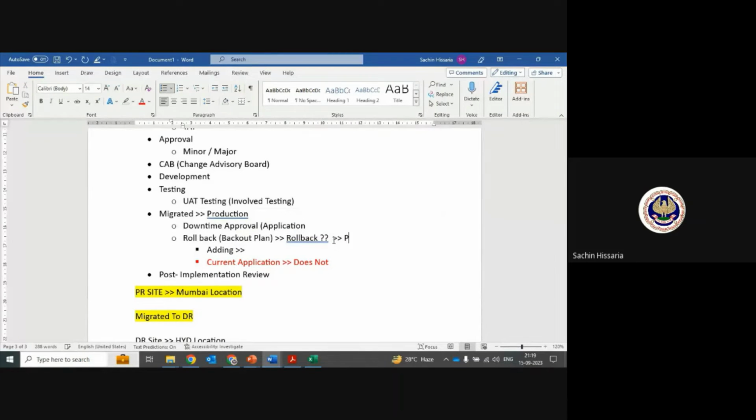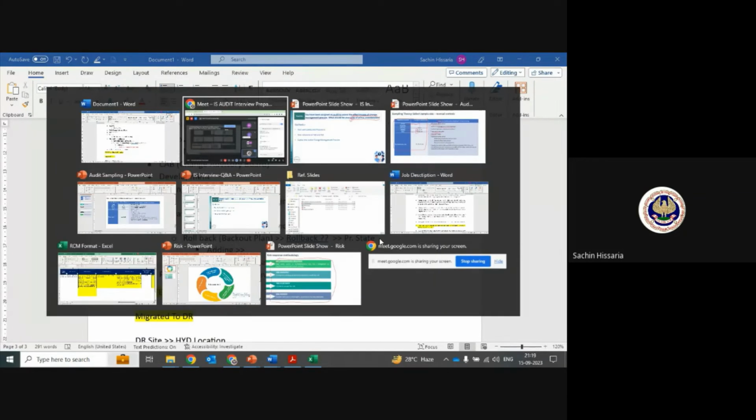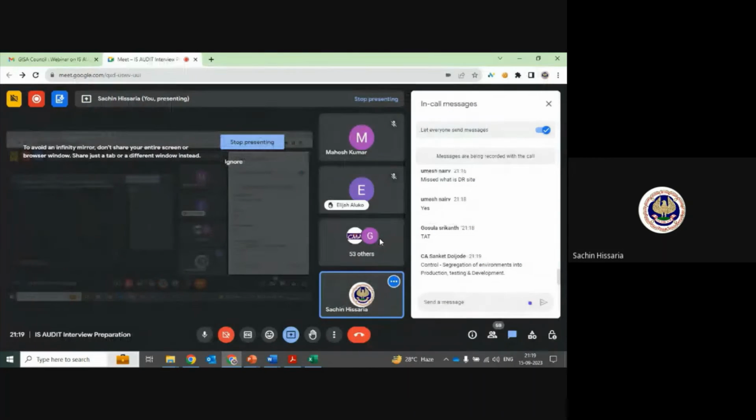You want that application in working condition, so you should have a backup plan. I should have documented plans so that I can roll back my system to a previous state and make it work again. It is called a rollback plan. Okay, Mahesh?